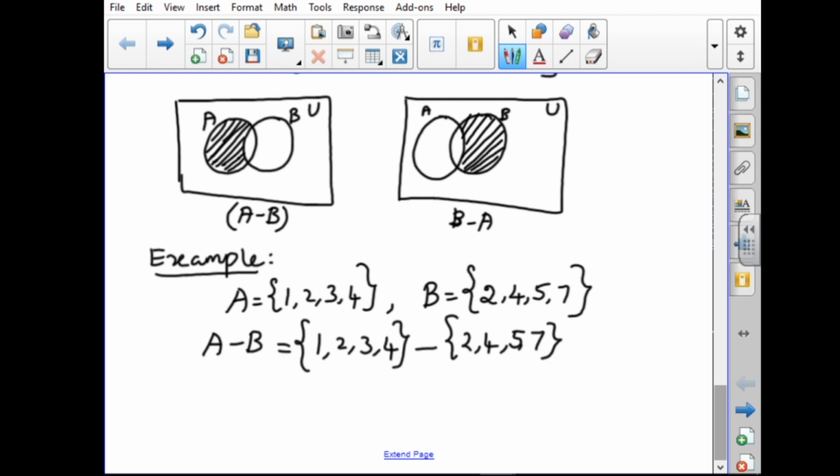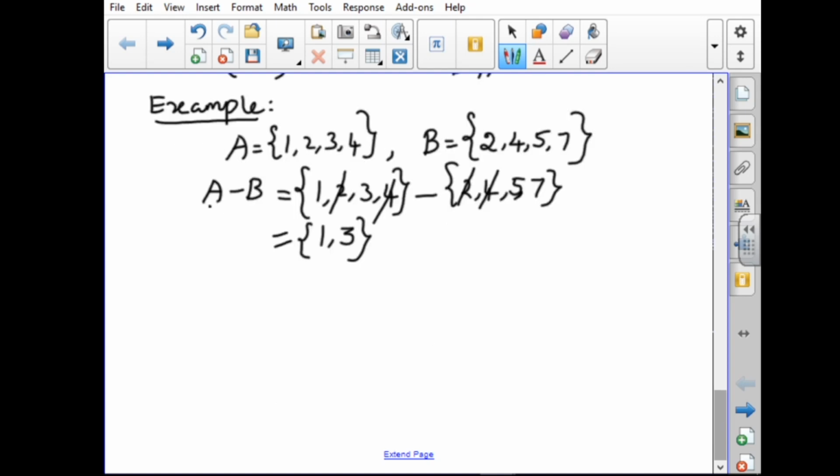You should check whether any B elements are there in the A set. So 2 and 4 are there here also, so you can cancel that. What are the remaining elements of A? A alone you should write, because A difference B means the set of all elements in A but not in B. So you should write only the A elements: 1 comma 3.